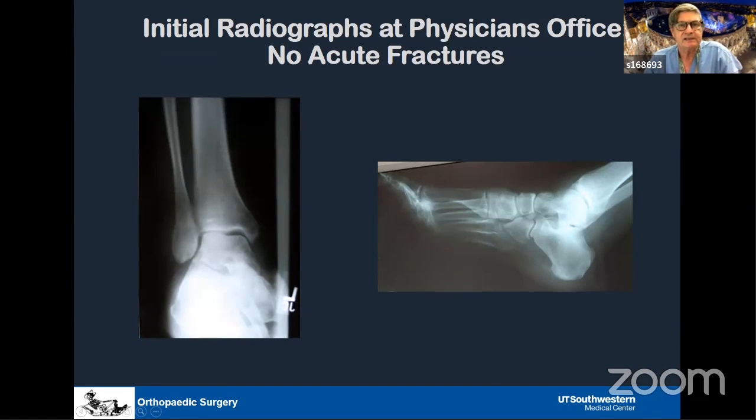But what I do see is that clearly there is asymmetry of the ankle joint. He's going into a valgus deformity there, which would make me suspect that at least the deltoid ligament may not be functioning correctly. Unfortunately for him, he was reassured that nothing bad was present and he continued to walk on this.